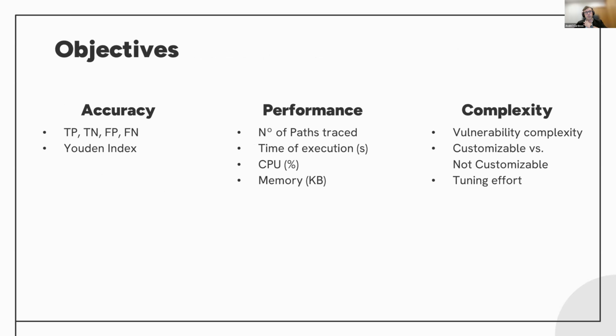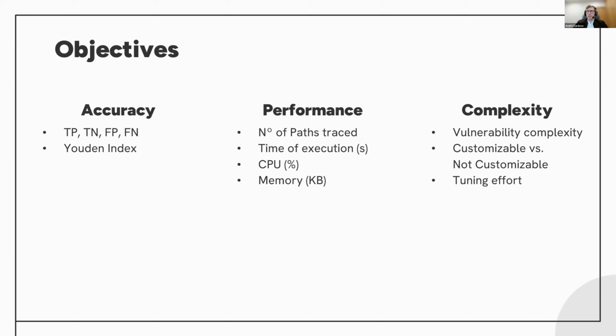So in this comparison, we will primarily look at accuracy metrics like true positives, true negatives, false positives, and false negatives, which will help us calculate a Youden index, which will serve as a comparison of the tools. In terms of performance, we will look at the paths traced by each tool and try to correlate them with the time of execution for each scan and CPU and memory usage of each tool when testing the programs.